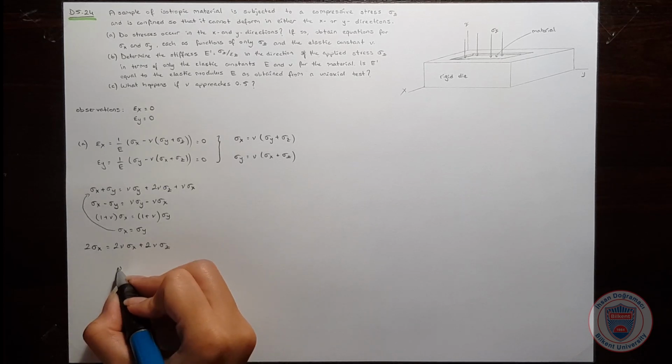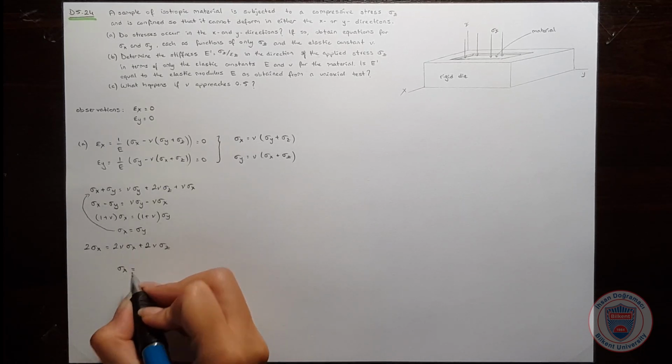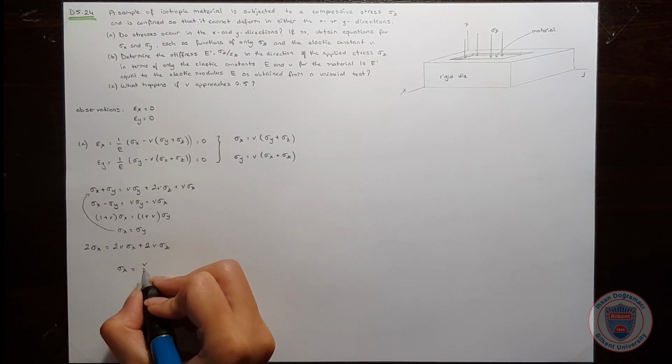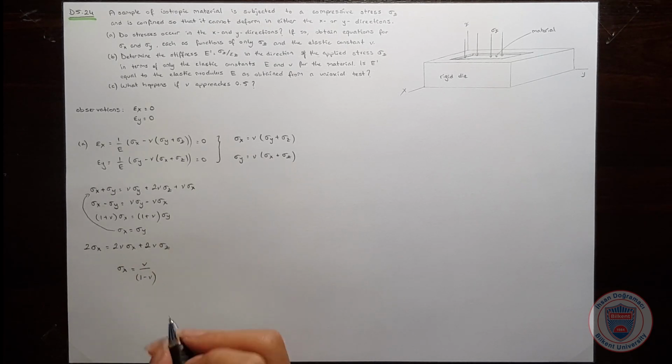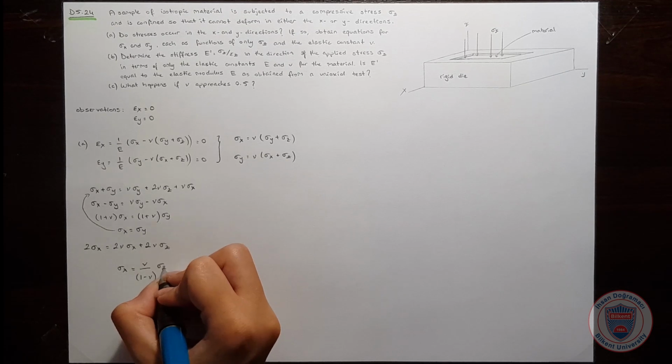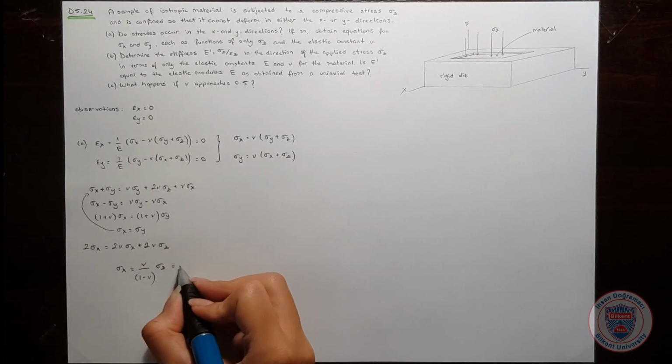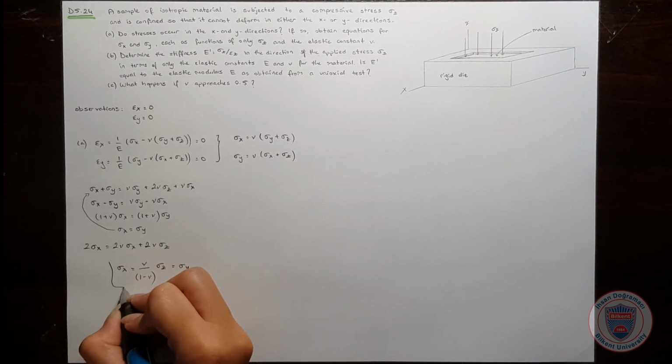And finally, we get sigma x is equal to Poisson's ratio over 1 minus Poisson's ratio times sigma z, and it is equal to sigma y.